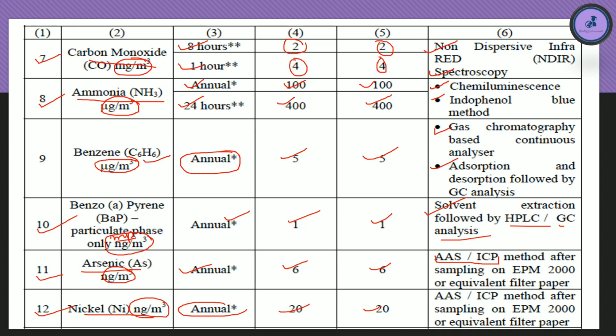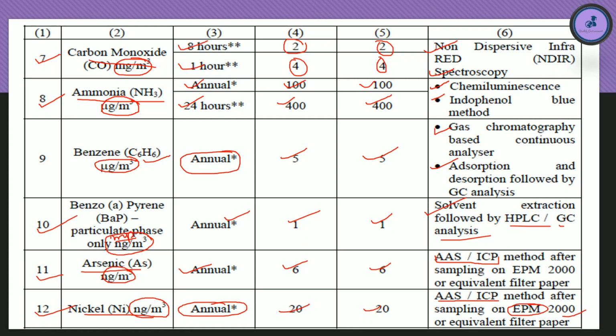And the same for nickel, it is also measured in nanogram per cubic meter, and its annual range is 20 and 20 nanogram per cubic meter for both industrial and ecological sensitive area. It is also measured by atomic absorption spectroscopy and inductively coupled plasma method after sampling on EPM 2000 or equivalent filter paper. So this is all for today.